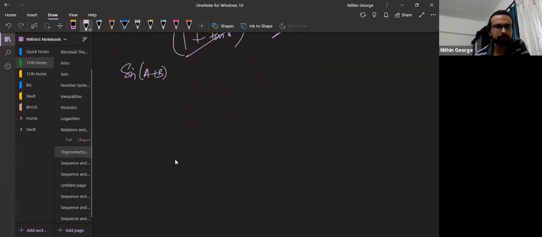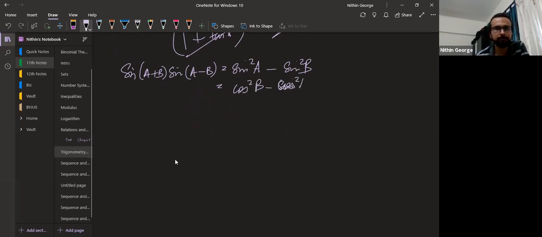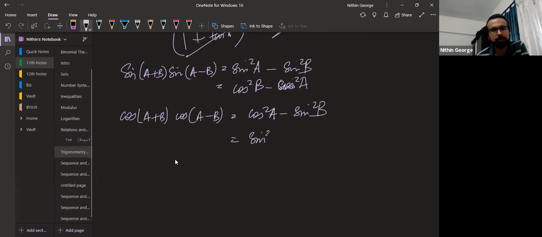Sin A plus B into sin A minus B equal to sin square A minus sin square B. In other words, we can write that as cos square B minus cos square A. Okay, then if I have cos A plus B into cos A minus B, I can write that as cos square A minus sin square B. In other words, cos square B minus sin square A.